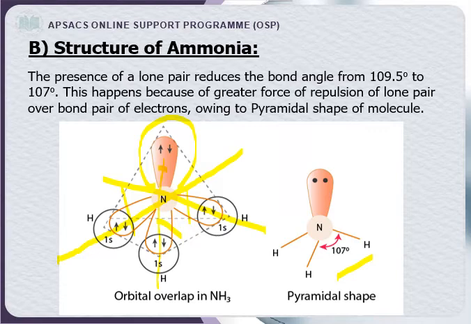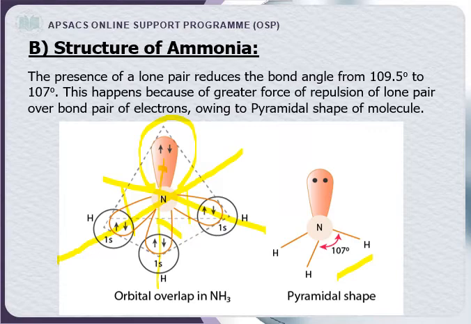So the bond pairs will hold a smaller angle between them. It will be reduced to 107.5 rather than the regular tetrahedral 109.5.